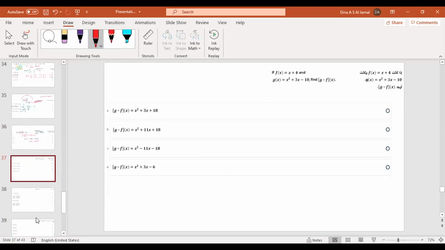Now let's go to this question. You are having f of x to be x plus 4 and g of x to be x squared plus 3x minus 10.